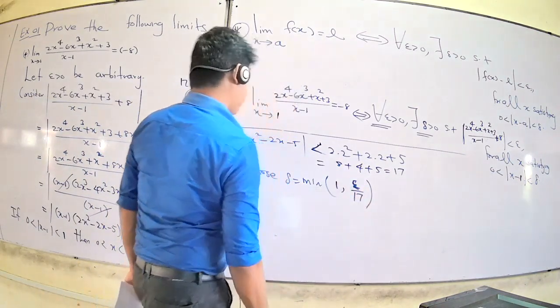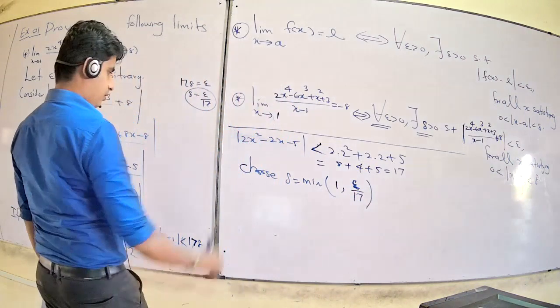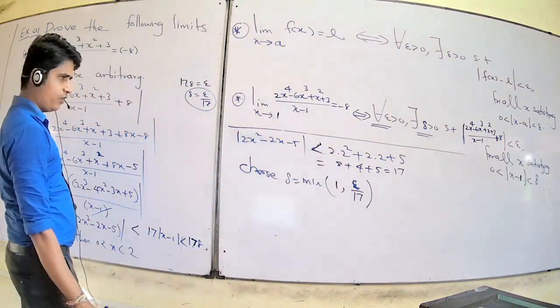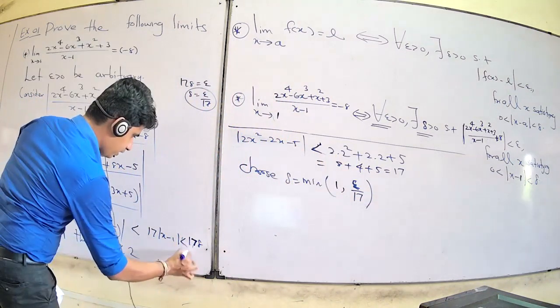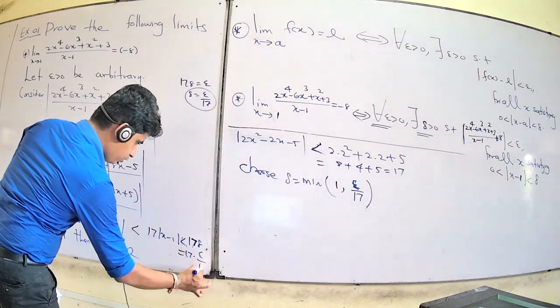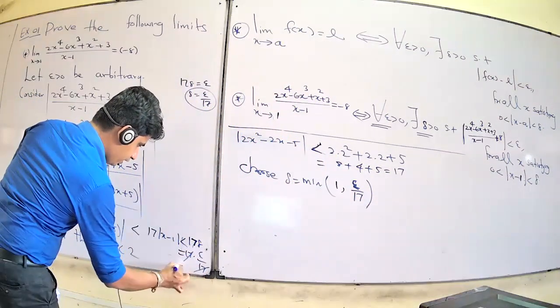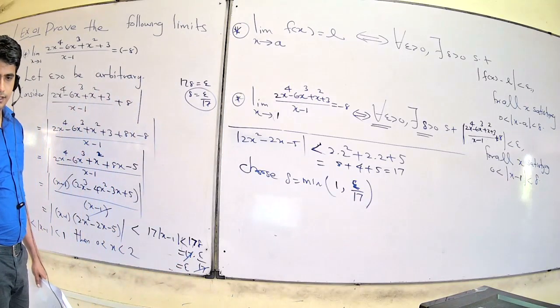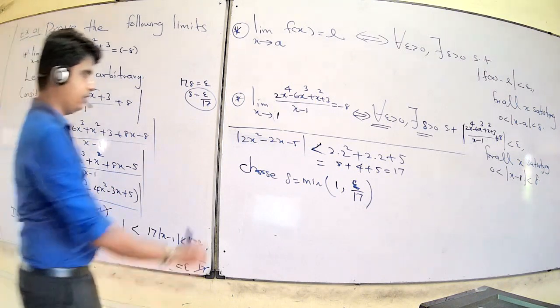Right. Therefore, suppose you choose this delta equal to epsilon over 17. You have here 17 into epsilon over 17, which equals epsilon.